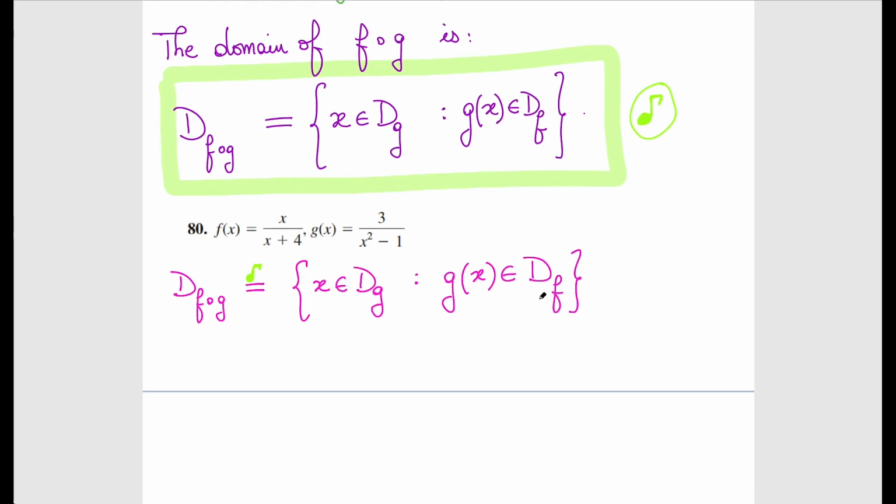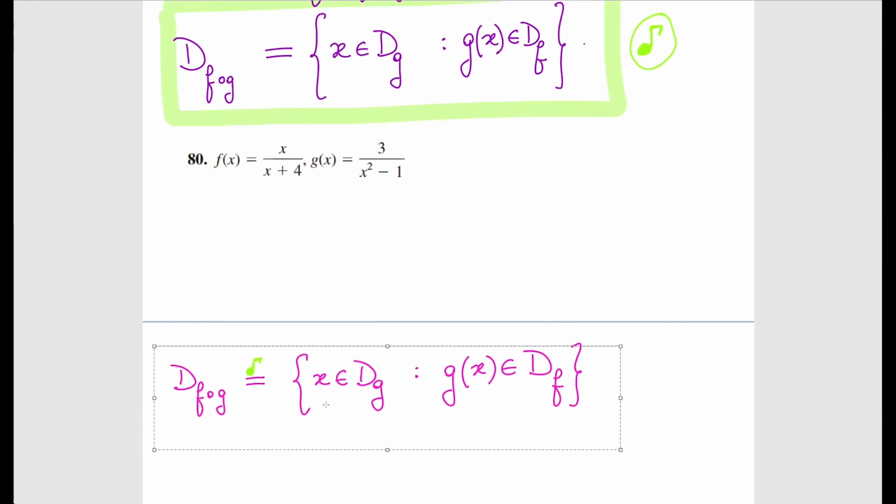I employed it, but now I can unravel what it means because I have a concrete recipe for F and a concrete recipe for G. So I need to find the domain of G and the domain of F. Let's take this down a little bit.